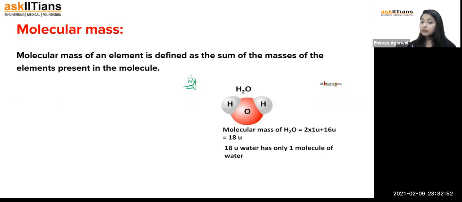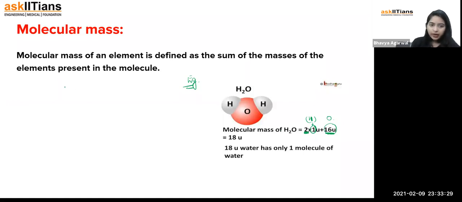So there is a contribution of 16 from 1 oxygen atom and 2 from the hydrogens. 1 hydrogen has a mass of 1 U and 1 oxygen atom has a mass of 16 U, so the total mass of water is 18 U. That 18 U refers to the mass of 1 molecule of water.